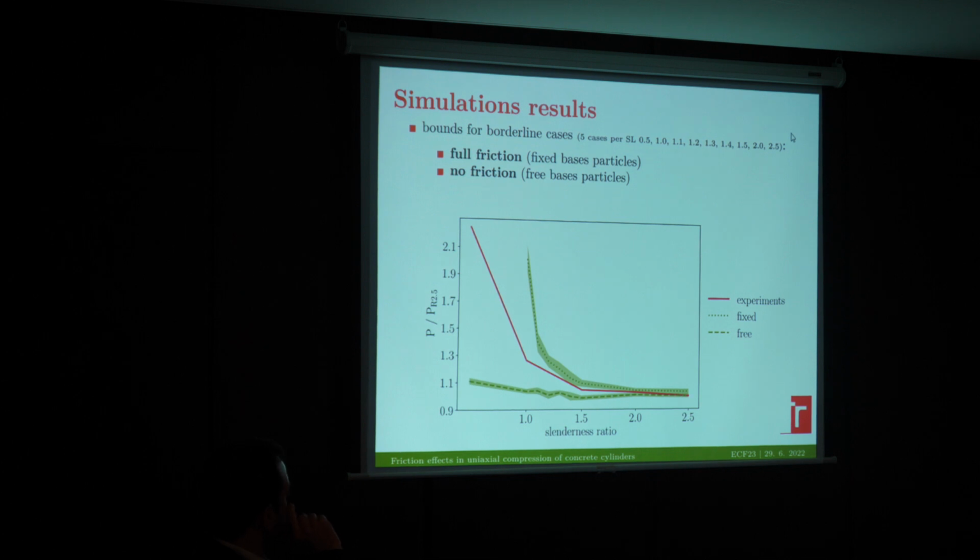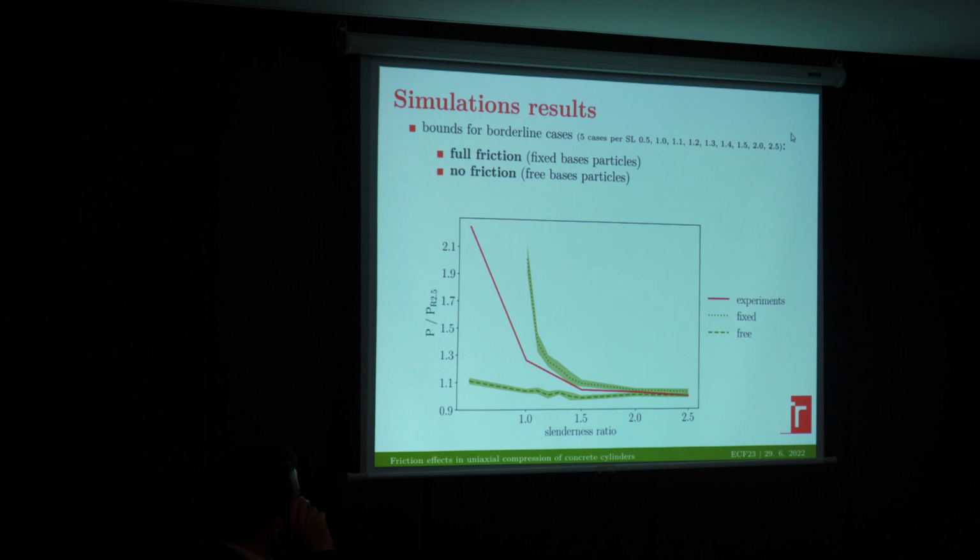actually corresponds to the fact that there is no confined compression zone, and so the final force is not much affected by the slenderness ratio. However, in the case of the fixed boundary condition, it is the complete opposite.